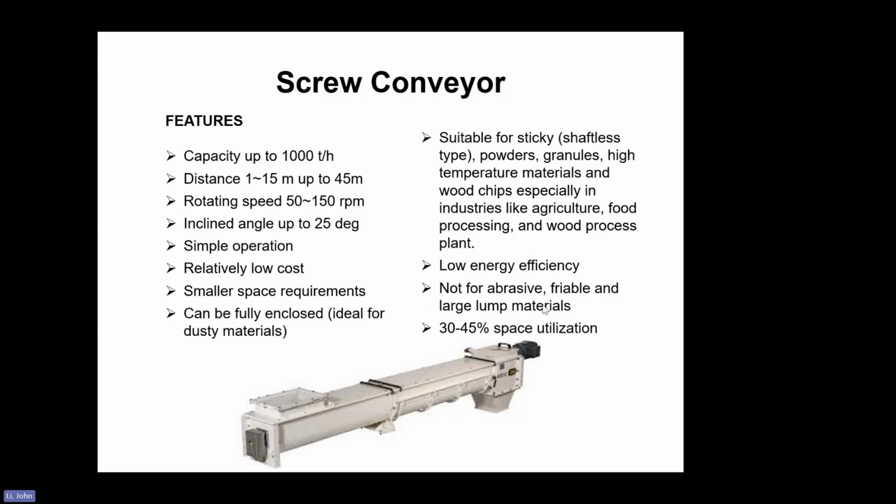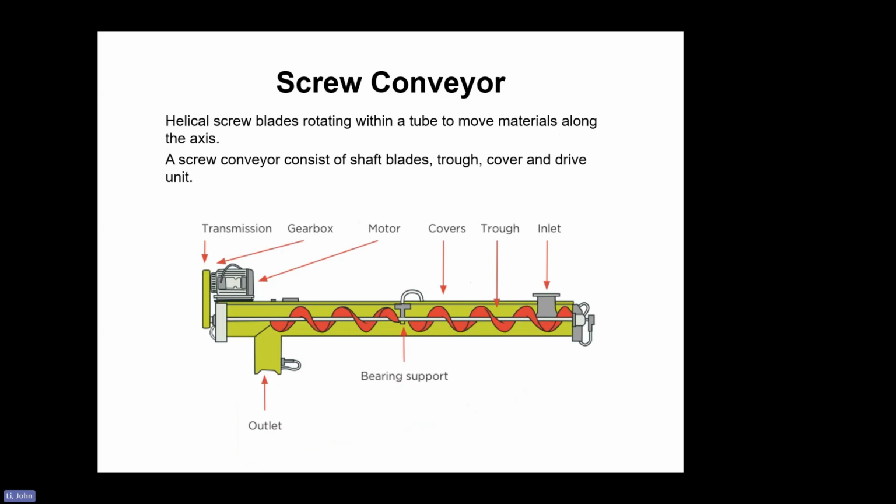It can be used for sticky materials, because other types of conveyor have a problem with sticky materials, but for a screw conveyor, there will be no shaft. It is a braid only. So like this, there is no shaft in the middle, only a braid like this.